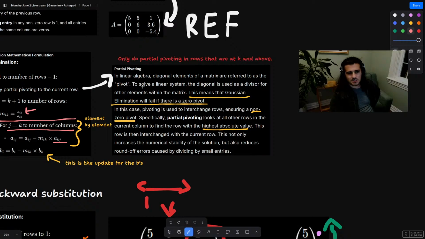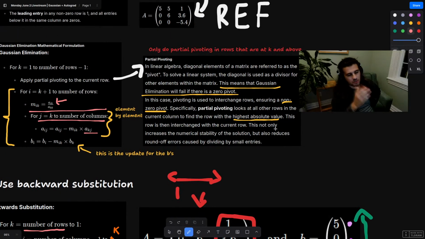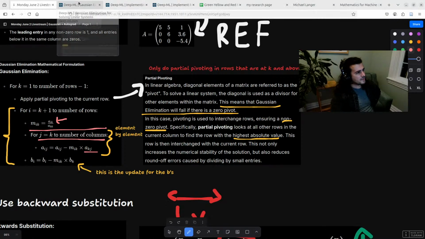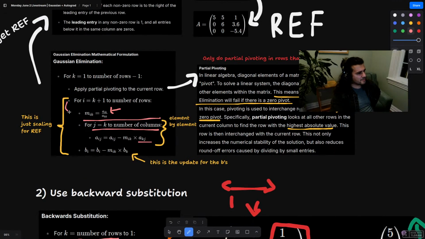It absolutely doesn't change anything. We could just not do that and it will still give us the right values. I think it's something here.